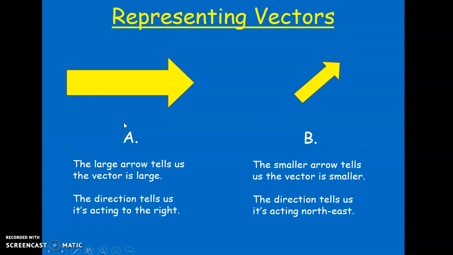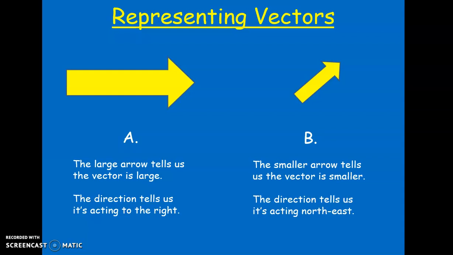So we have A and B. A is larger, so the vector is a larger quantity. And the vector is pointing to the right. There's your direction. B, on the other hand, is a smaller arrow. So it's a smaller vector. Again, they should be drawn to scale. So however proportionately smaller B is, the arrow, you might use this using a ruler.